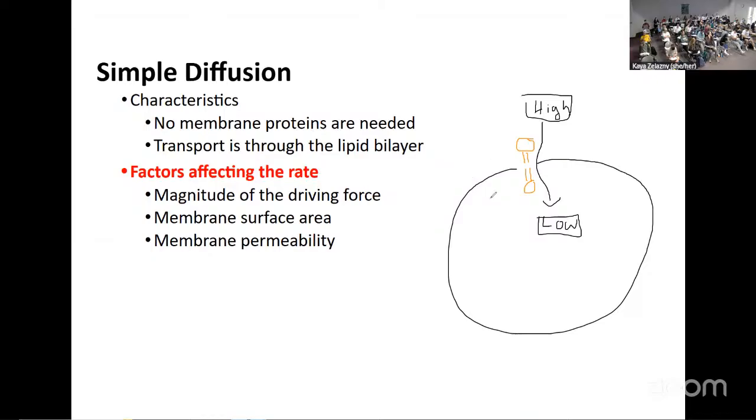So when membrane surface area is bigger, it's going to lead us to a higher rate, faster transport as well. So in the future, we'll talk about the shape of red blood cells. They're really flat and disc shaped. That's part of helping them maximize their surface area. So lots and lots of oxygen can get in. Finally, membrane permeability. The membrane might be permeable to something, like it technically can get through, but not everything's going to get through as easily or as quickly. So that might also affect the rate of simple diffusion.